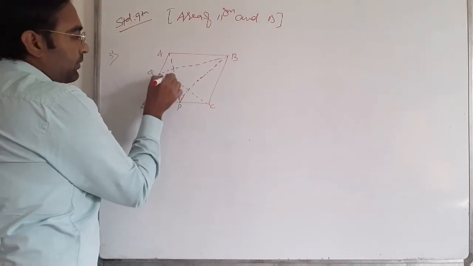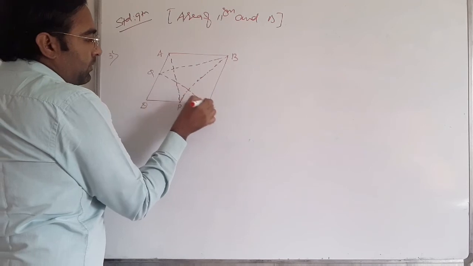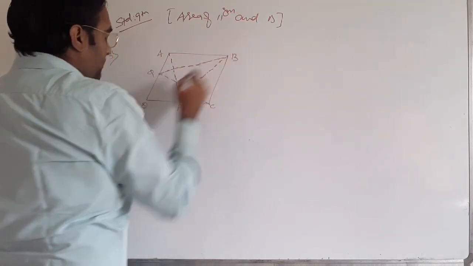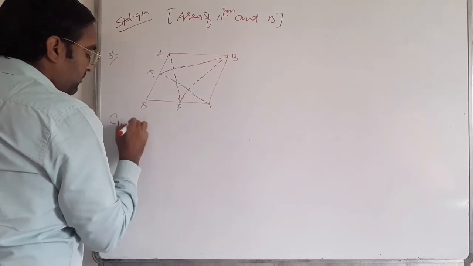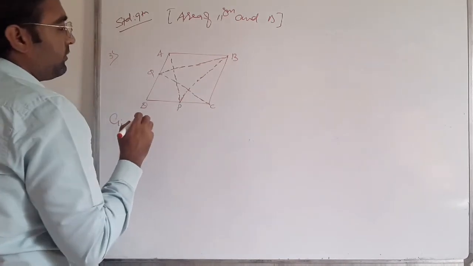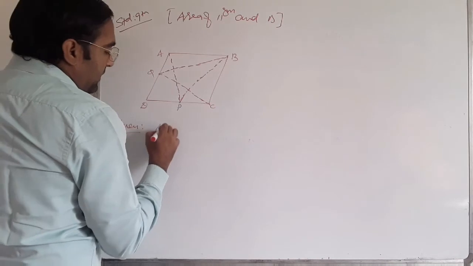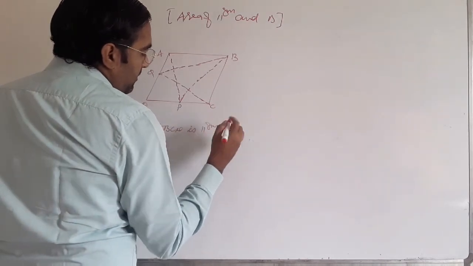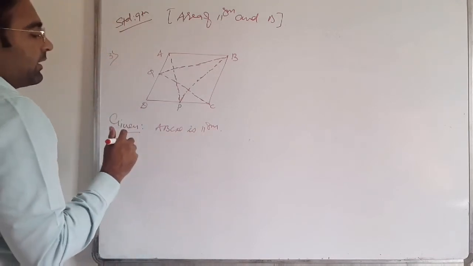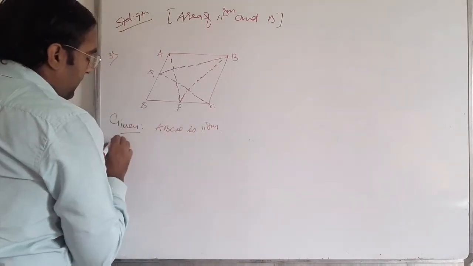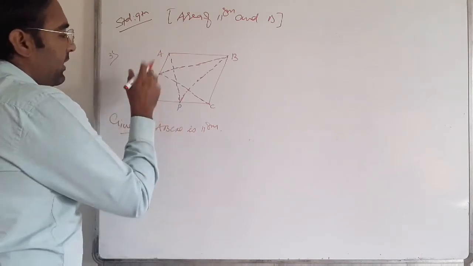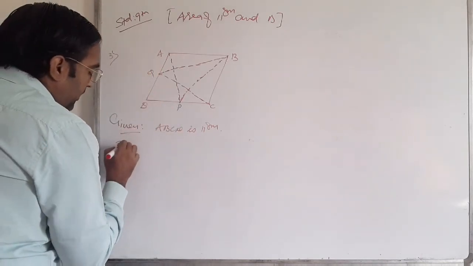So let's start. In the given, ABCD is a parallelogram. Second thing, P and Q are any points on the sides CD and AD, so that's not required.